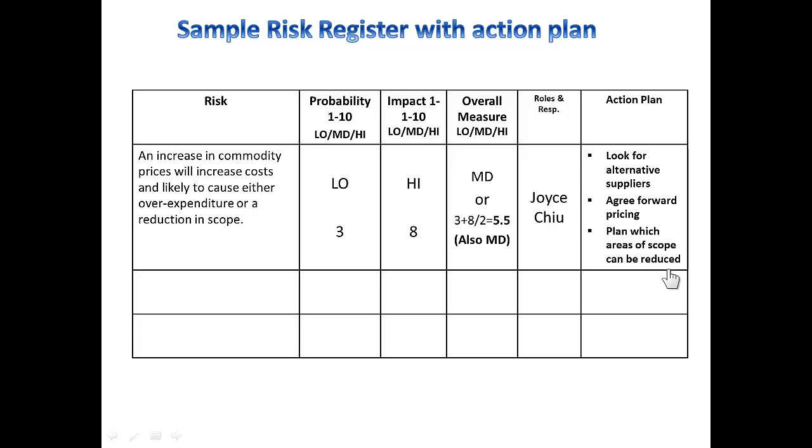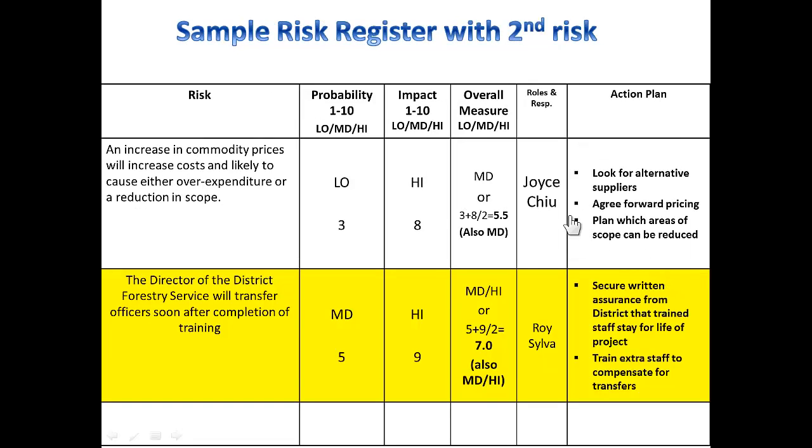Now, in this slide, I've added a second risk in order to show you how you can use multiple risks in a comparative way. The risk that we've identified on the earlier slide was that the director of District Forest Service decides to transfer officers to other projects immediately after completing the project training.